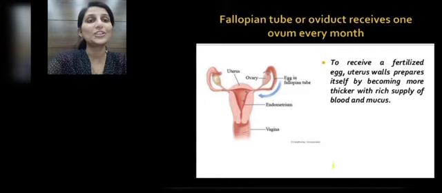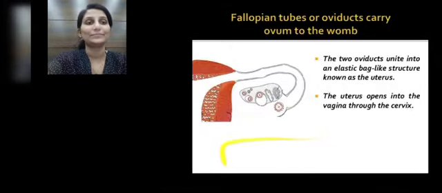So the function of the fallopian tube is that it acts as a site of fertilization. The fallopian tube is the site where fertilization, that is the union of the sperm and the ovum, takes place. It also helps to move the fertilized egg towards the uterus. So it has a dual function.